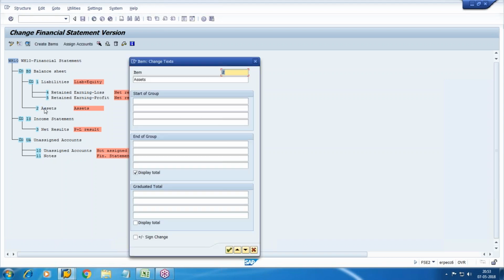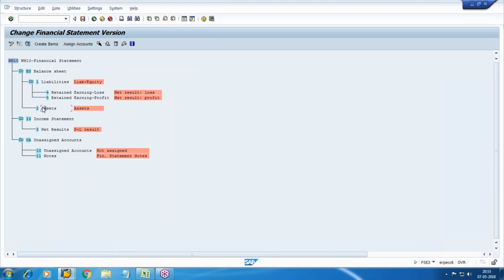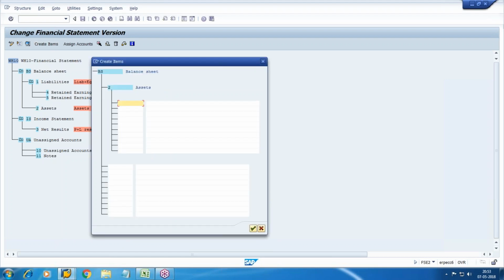We'll take this one to series, so make it like under this, select create items, so make it to 1, that is your fixed asset. Double 2, that is your current asset. 2 3, others.